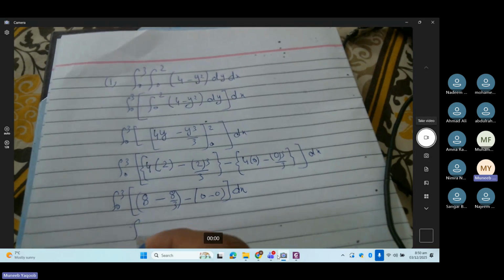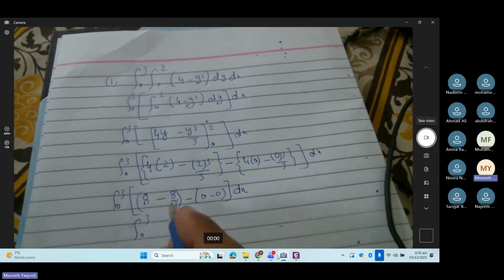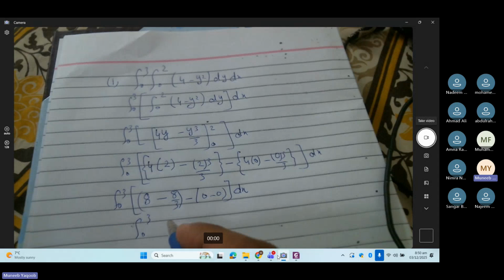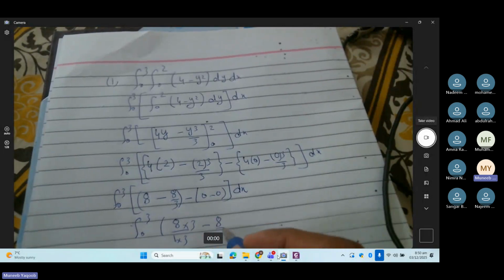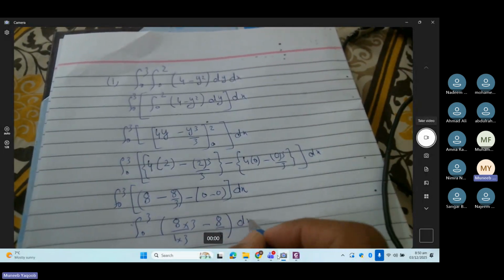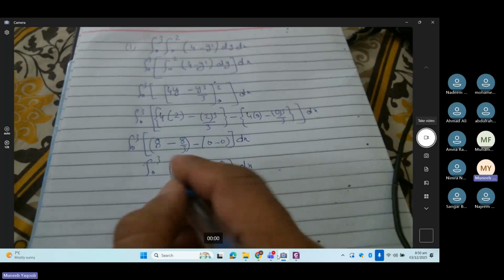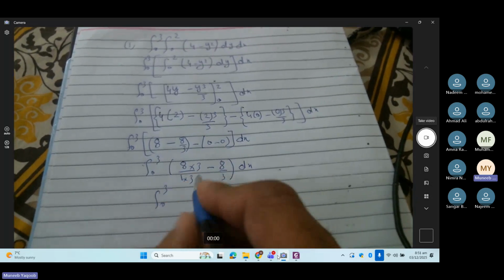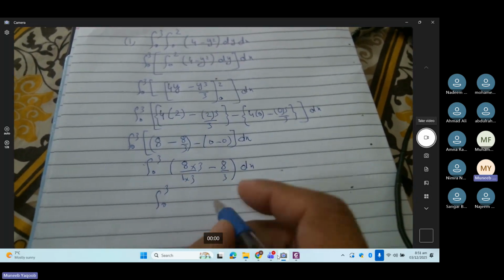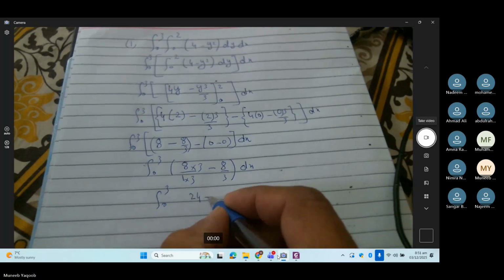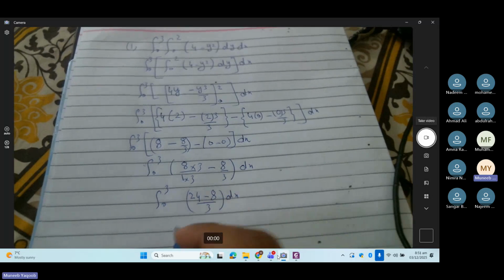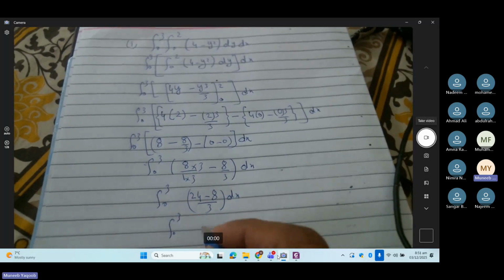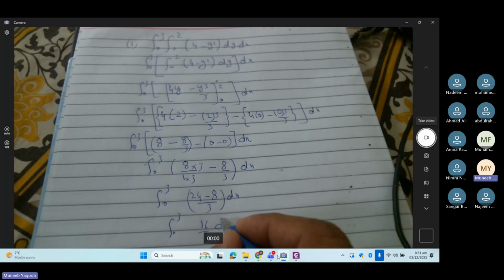So now it will become integral 0 to 3, 8 over 1 minus 8 by 3, we can take LCM 3, 8 into 3 minus 8 upon 3 dx. And finally, it became integral 0 to 3, 24 minus 8 upon 3 dx. And then integral 0 to 3, 16 upon 3 dx.